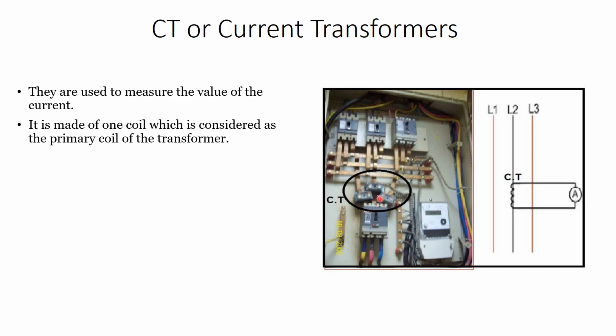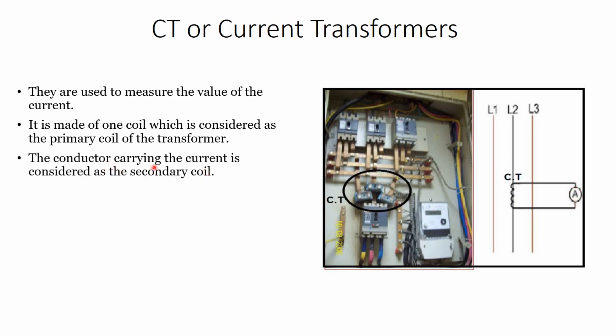So this one is surrounding the bus bar. As you can see here, this CT or this coil is surrounding the phase, or the bus bar. So it has one coil, which is considered as the primary coil of the transformer. This is connected to the ammeter, which gives us the value of the current.